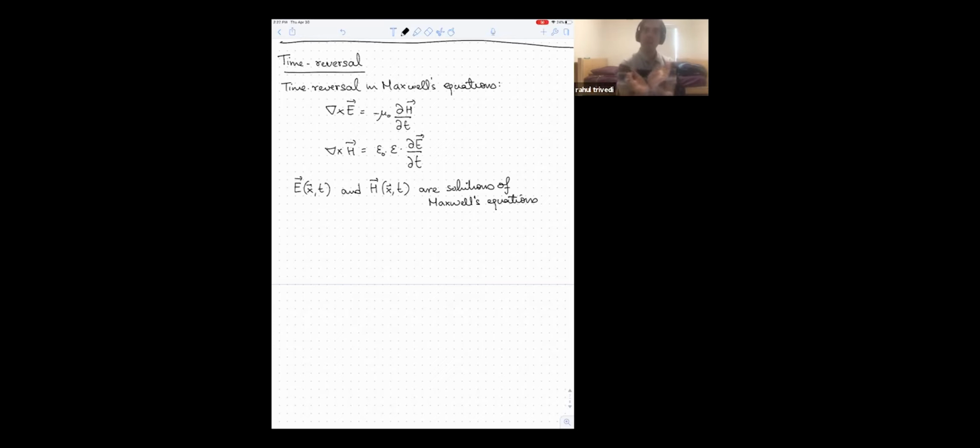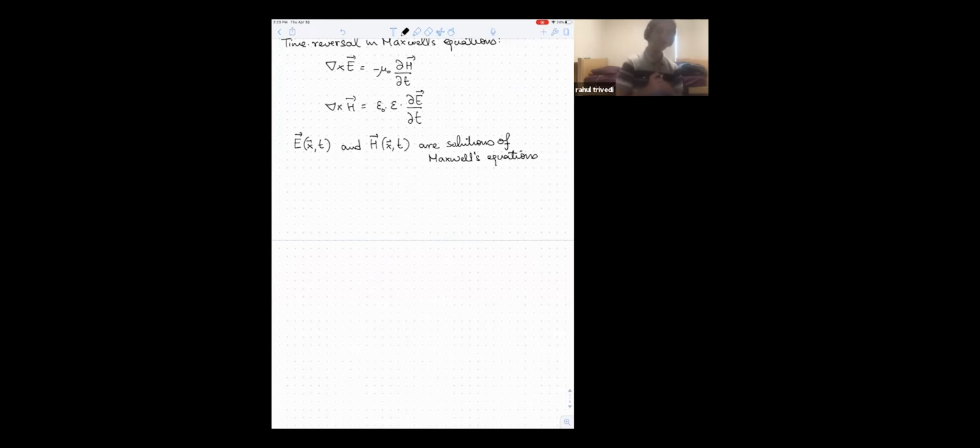Let's say at t equal to 0 you have some electric field, and you look at how that electric field evolves with time as governed by Maxwell's equations. So you get this solution of Maxwell's equations, E as a function of x comma t and H as a function of x comma t.